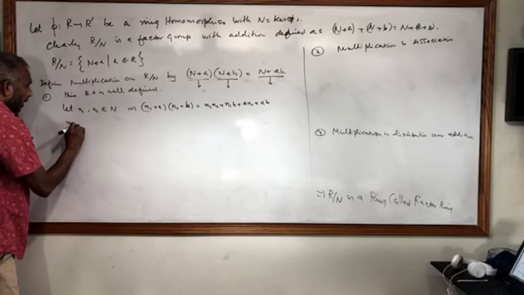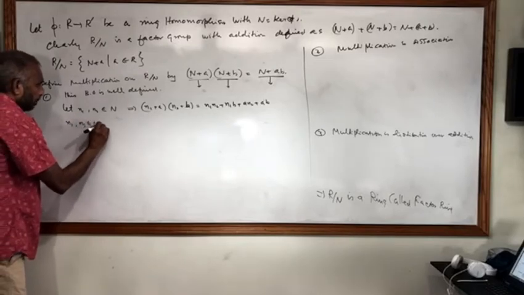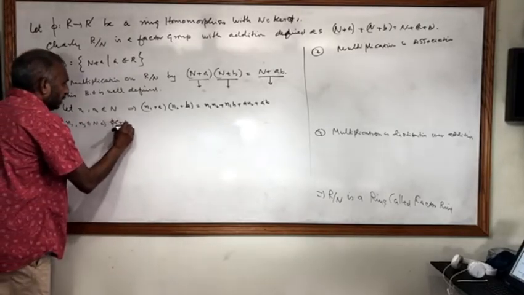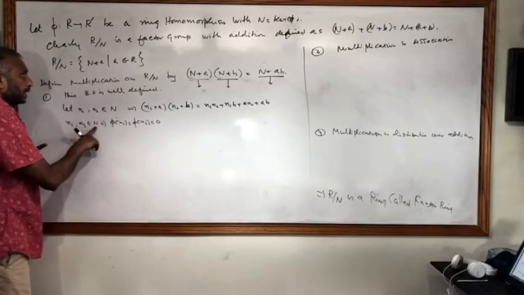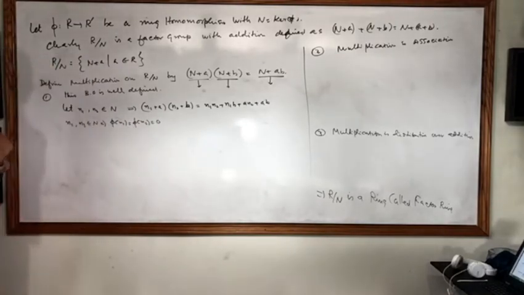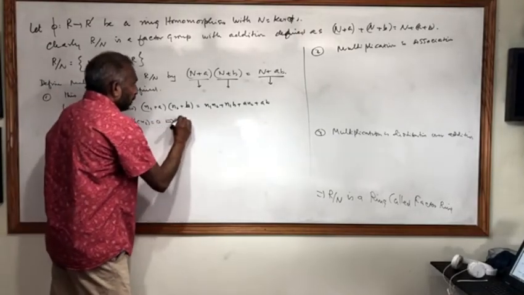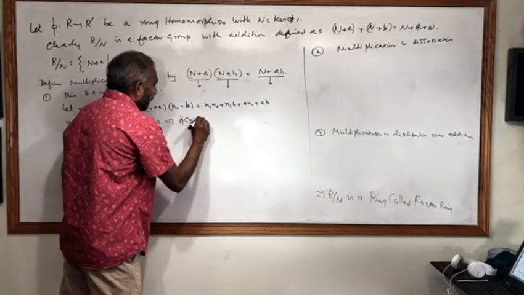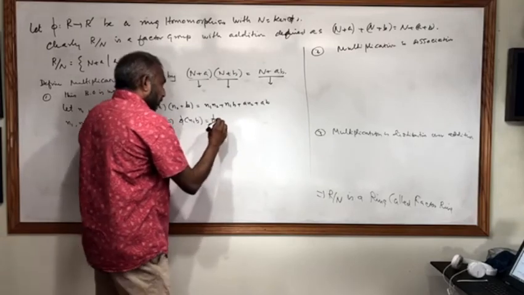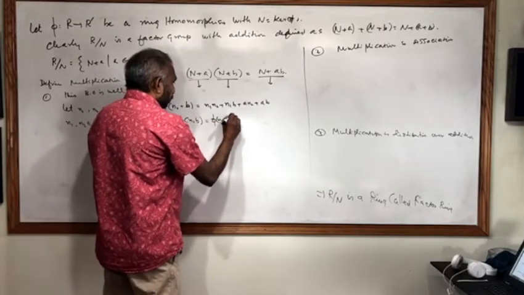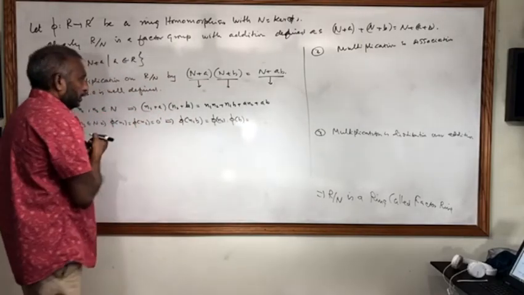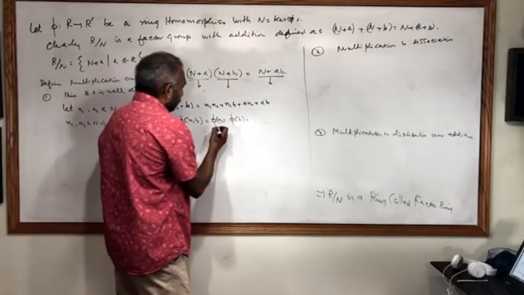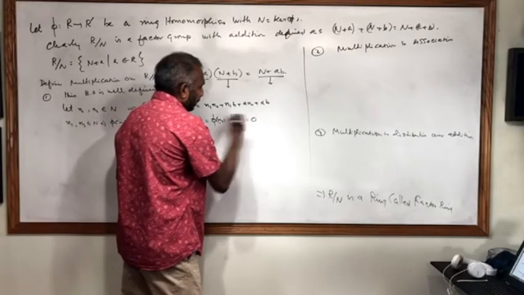n1, n2 belong to N implies phi of n1 is equal to phi of n2 is equal to 0, because this is the kernel. So that implies phi of n1b is equal to phi of n1 times phi of b, and this is actually 0', so this will be 0.